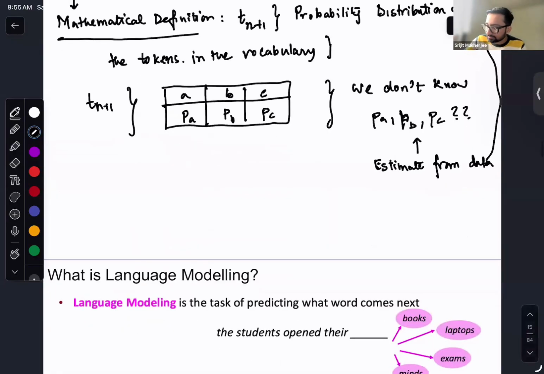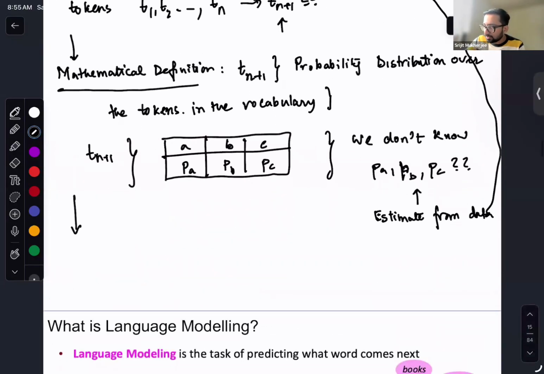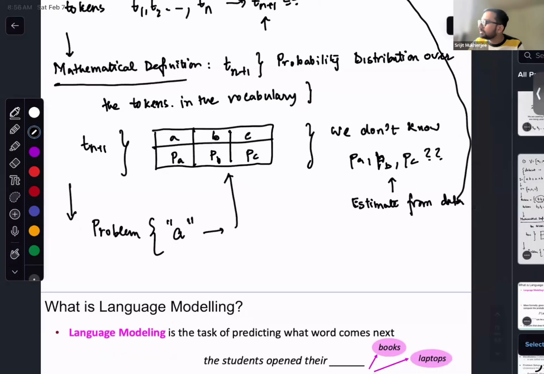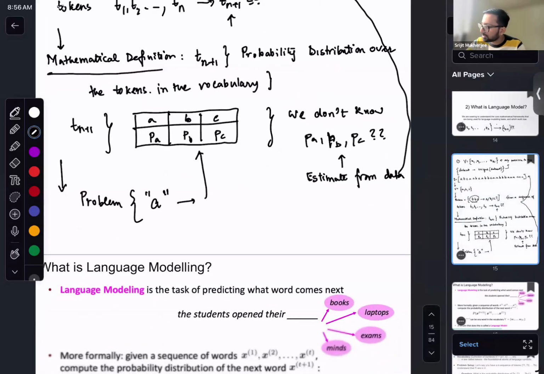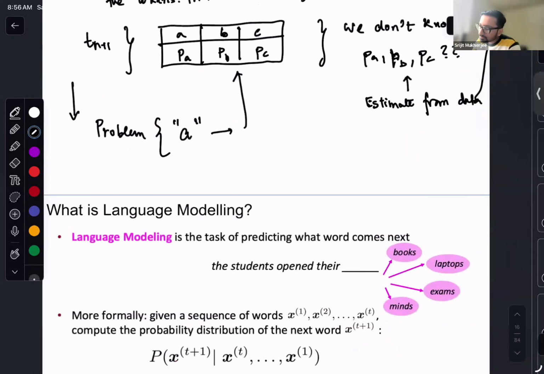Instead of these 3 tokens, if I have just A, then what will be the next? Similarly, the goal is to find PA, PB, and PC.